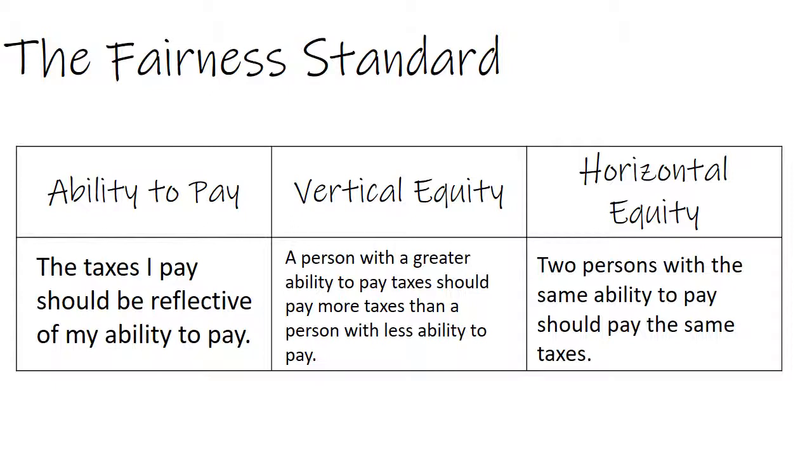Should 2 people who each earn $100,000 a year pay the same amount of income tax? Well, that depends. What if person number 1 is a single female who's generally healthy, and person number 2 is a single mother who supports 3 kids?